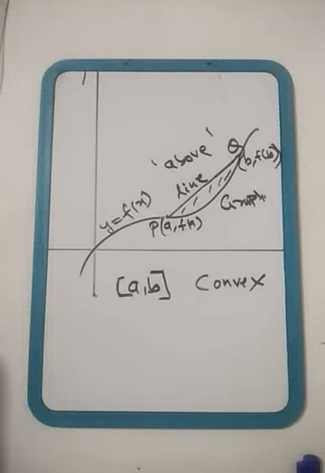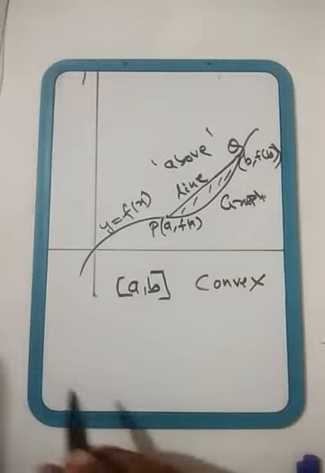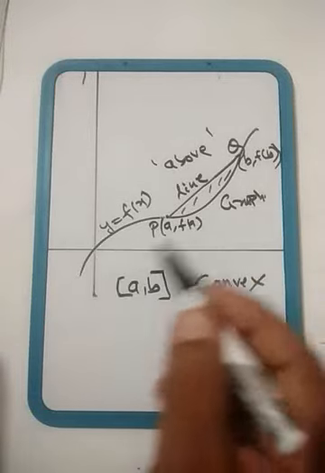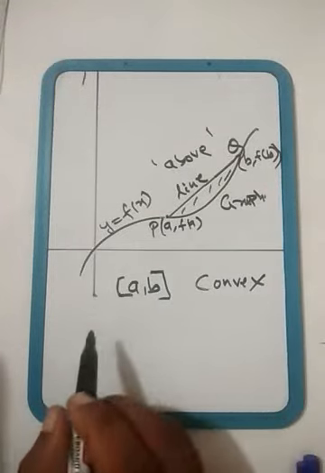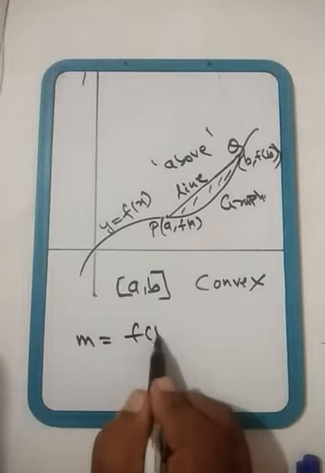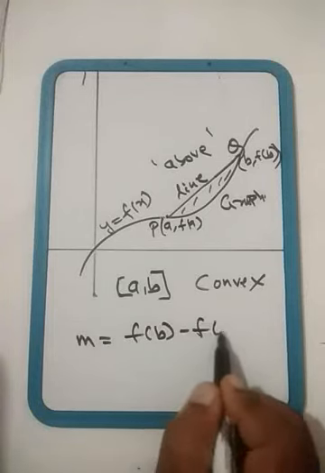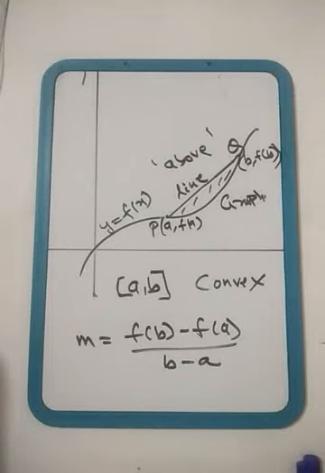Okay. So we'll try to formulate the condition. We have 2 points. So what would be the slope of this line segment at least? So the slope, so infinite line PQ, if you extend it here and if you extend it there, then the slope of the line is nothing but f of b minus f of a upon b minus a. This is the slope of the line.